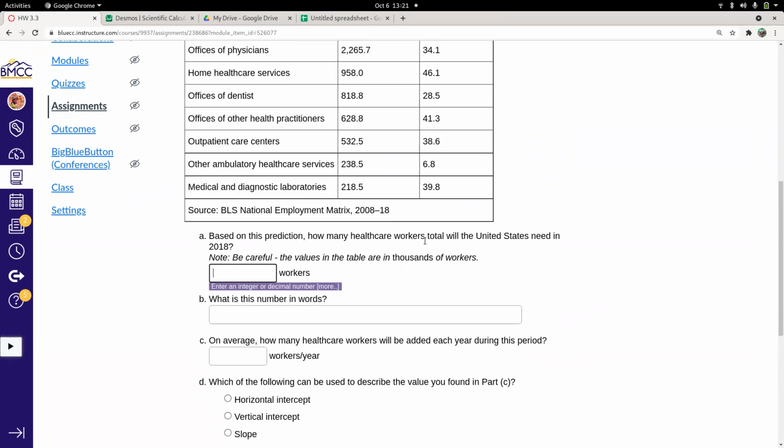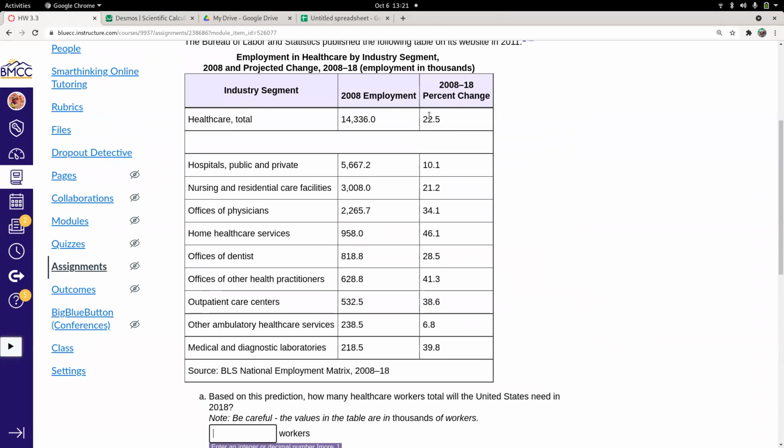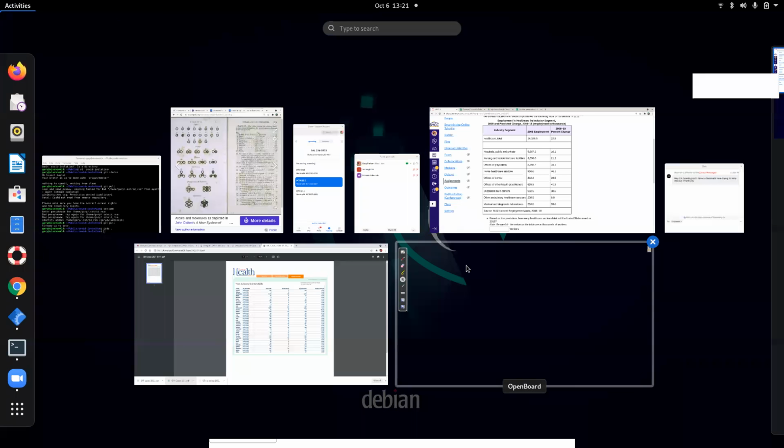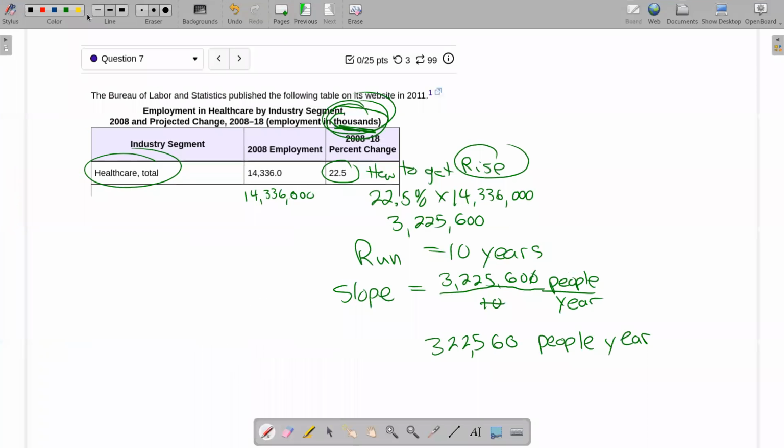So again, to do that part right there, I use the percent, and this number here was in thousands, to tell me how many more workers are needed. And then if I add that back onto the original amount, I'll get the new amount for 2018. So let's look at my notes to get that right. I calculated my rise here, so that's the increase from 2008 to 2018.